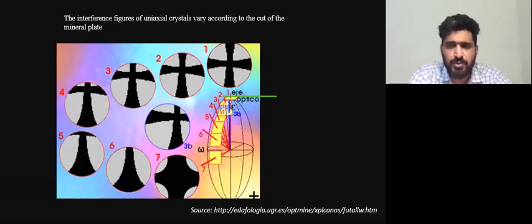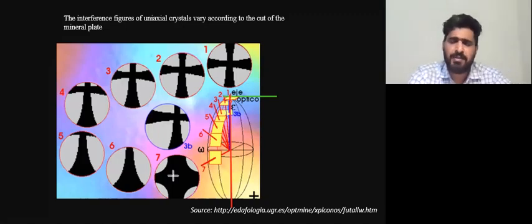If you cut from 2, 3, 4, 5, 6, that will be giving you different types of off-centered optic axis figure. And 7 is nothing but a section cut parallel to the optic axis, and that is the one that is going to be showing a flash figure.